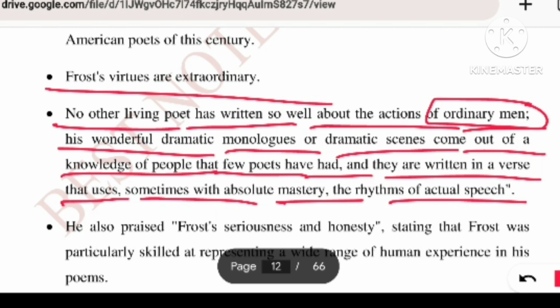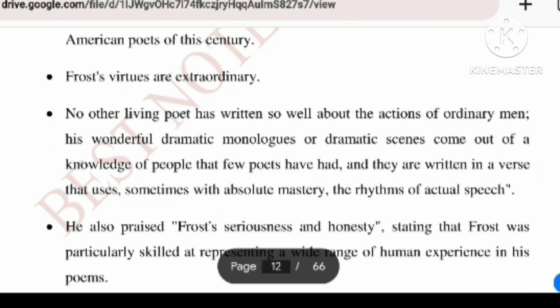Now see, when you see the poetry of Robert Frost, not all of it is in a systematic way. Some is written like a speech, like free verse. So this is done to express more in a precise way. So that is what we find in his poetry.